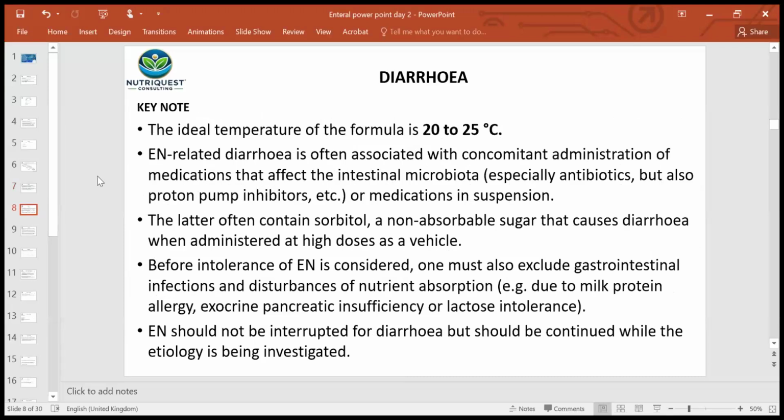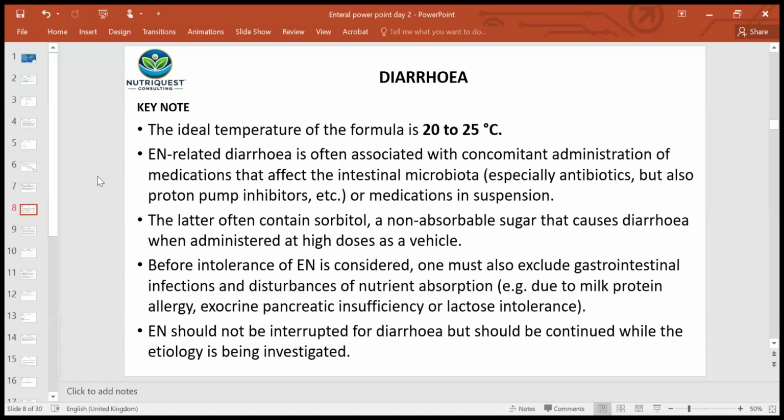For diarrhea in enteral nutrition, the first keynote information is that the ideal temperature of the formula should be 20 to 25 degrees. I know you might not be able to measure this temperature, but room temperature is usually advised. So make sure you get them off the refrigerator or the freezer earlier.